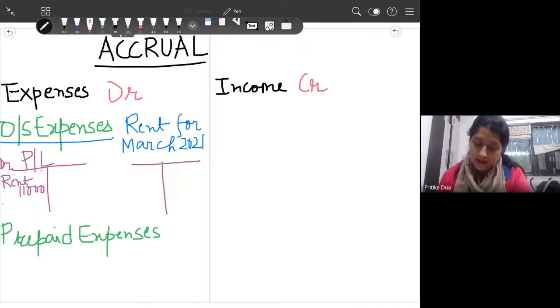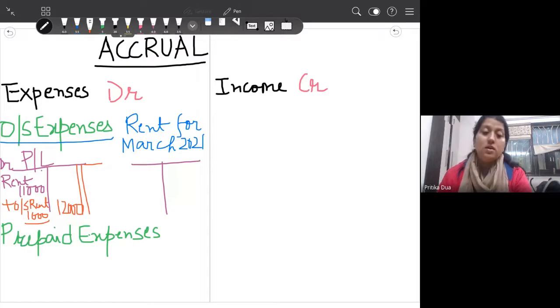This outstanding rent is actually part of the expenses of the current year. So now I add this outstanding rent to the rent paid, and total rent debited in P&L account for the entire financial year will be 12,000.